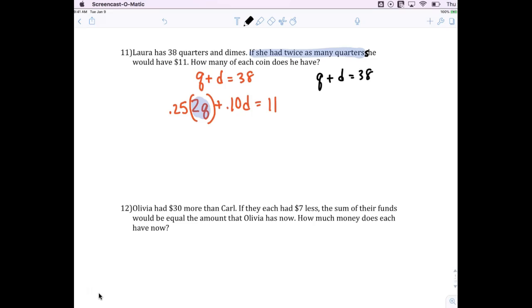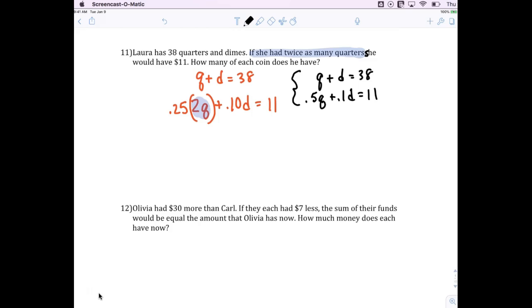And then what? 0.5 Q plus 0.1 D equals 11. Anybody have any questions with that? All right. Now, at this stage of the game, I'm expecting you to be able to solve that. Actually, I'm going to let everybody do that tonight. All right. Thank you, though.